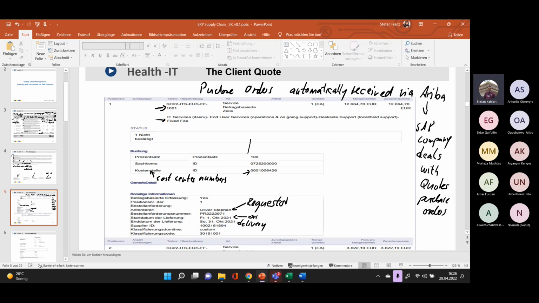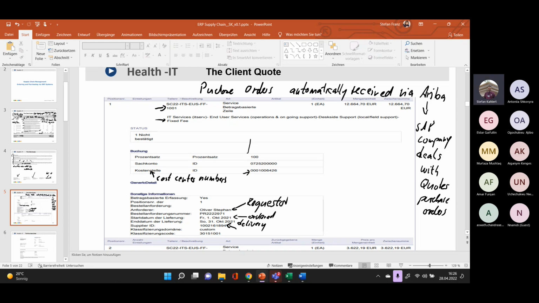Here it was ordered at this time, and here's the expected delivery. You see here a supplier ID. This is the ID number for the company who sells the service, the product, or the hardware.